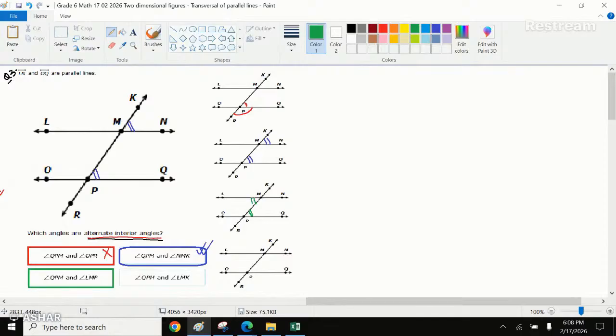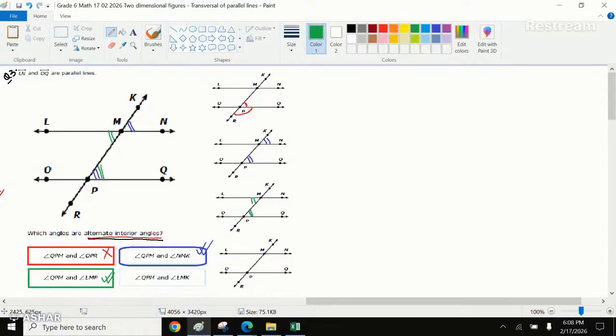Okay. Let's see. What about this angle, which I marked in green? Yes, they are also alternate interior angles.